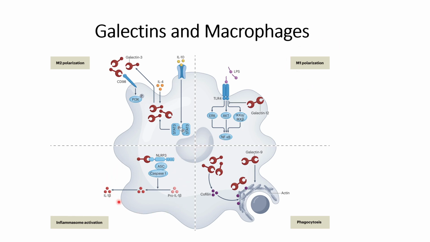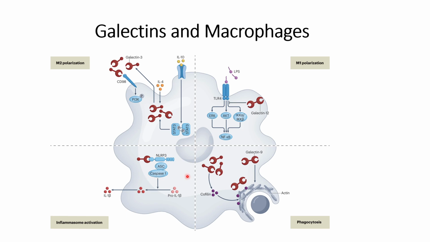Next is inflammasome activation. In this case, galectin 12, which is not labeled here, interacts with NLRP3, and that helps in forming a complex with caspase 1 and ASC.